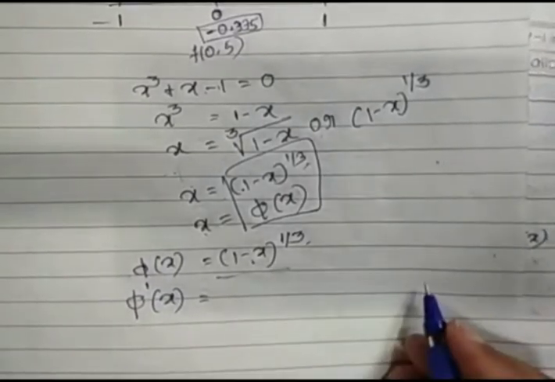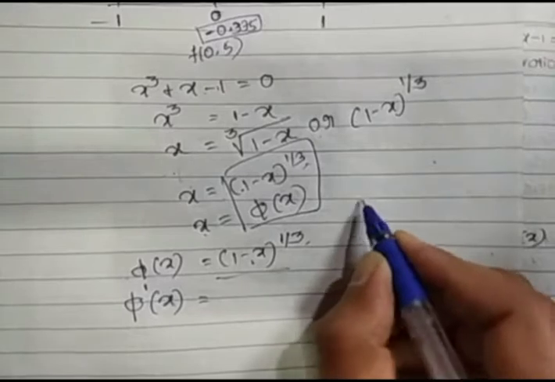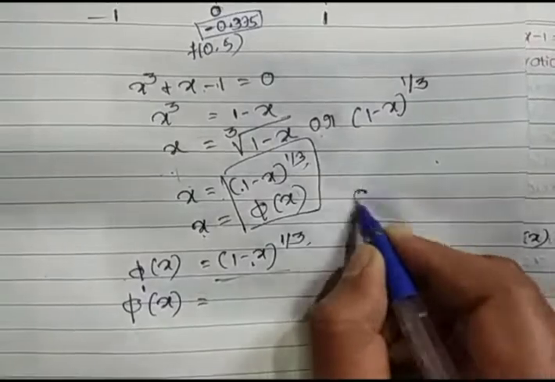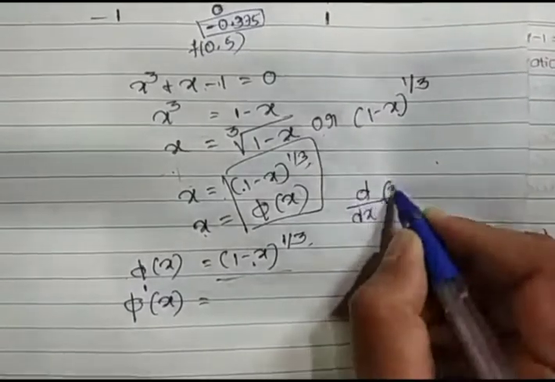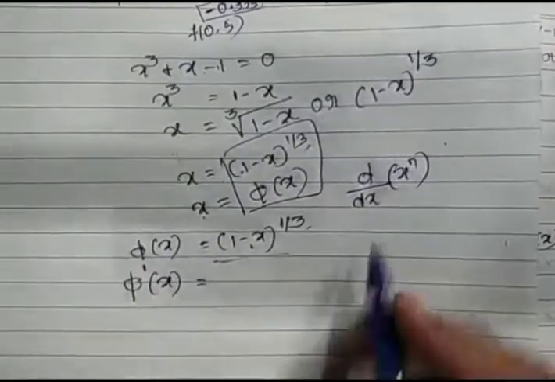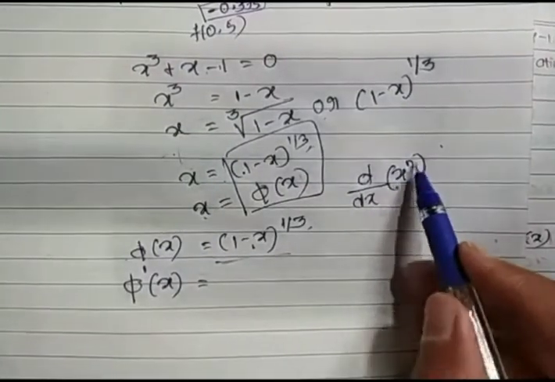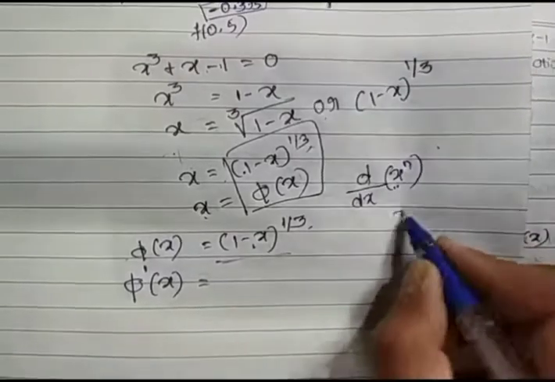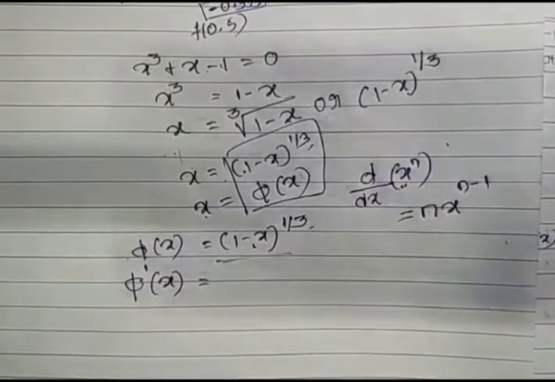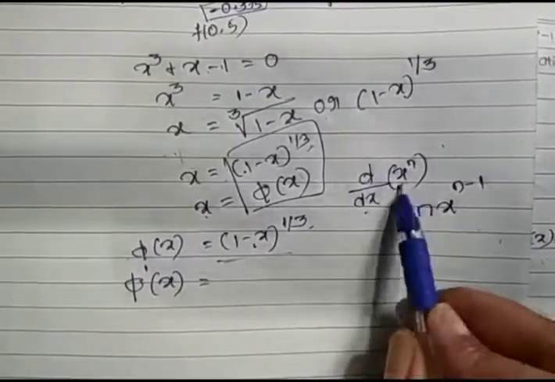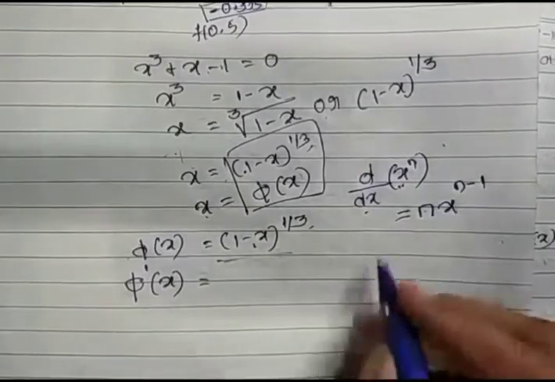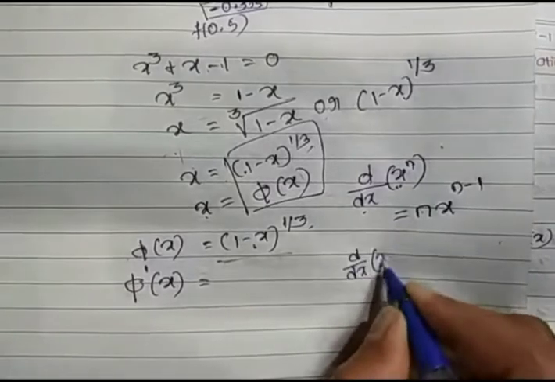This is in the form of x raised to n. So those who don't know differentiation, just observe here. Suppose we are calculating the derivative of any term which is in the form of x raised to n, then its derivative is n x raised to n minus 1. Remember this one. Suppose we are finding the derivative of x square.